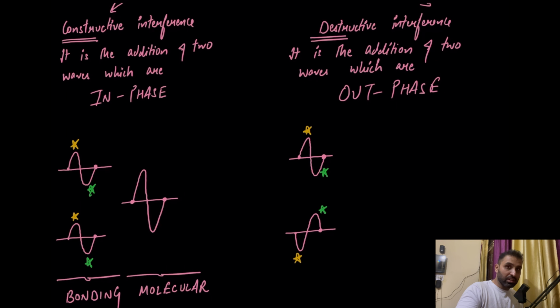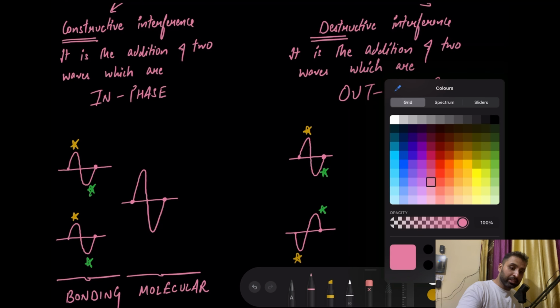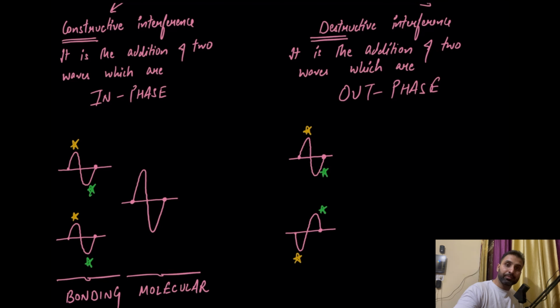So these waves are out of phase, due to which there will be cancellation of amplitude, but with the same wavelength. So destructive interference, in which the two waves are out of phase, forms molecular orbitals termed anti-bonding molecular orbitals.